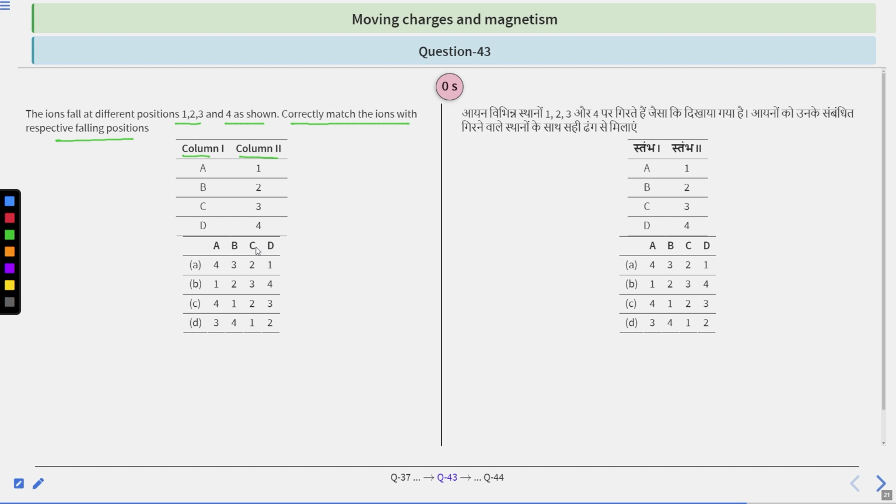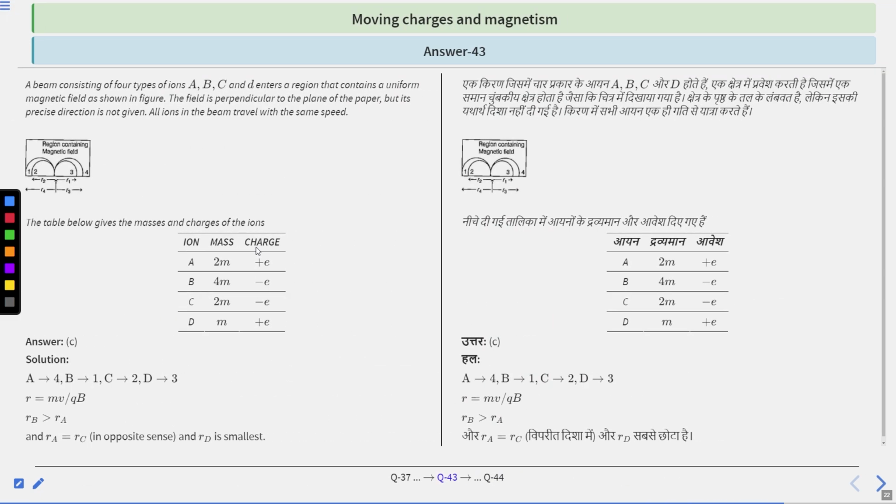Let's find the solution. We know the formula R equals mv divided by qB. The mass is 2m for ion A. When you put all the masses in this formula for ion A, ion B, ion C and ion D, you will get Rb greater than Ra.